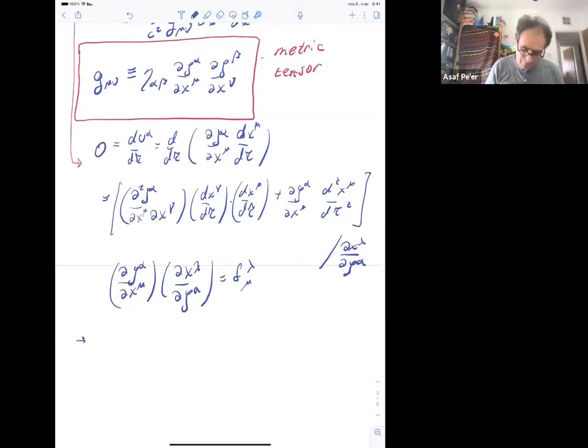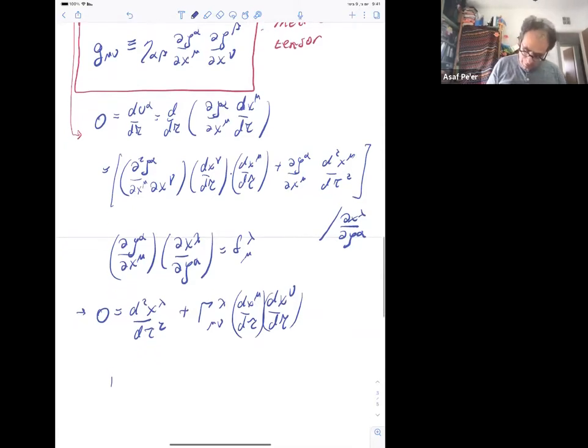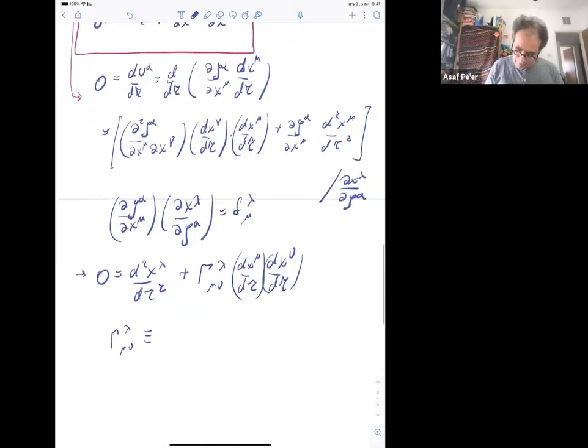So I end up with 0 = d²x^λ/dτ². And then the first term, rather than getting messy with it, I just shorten the notation and write it as Γ^λ_μν (dx^μ/dτ)(dx^ν/dτ), where Γ^λ_μν is defined as (∂x^λ/∂ξ^α)(∂²ξ^α/∂x^μ∂x^ν).